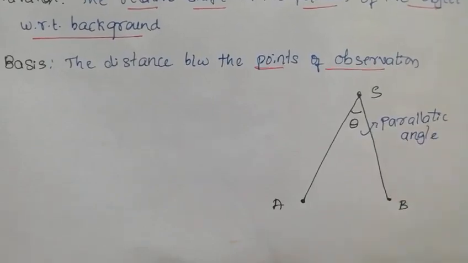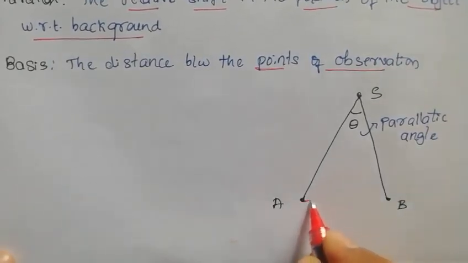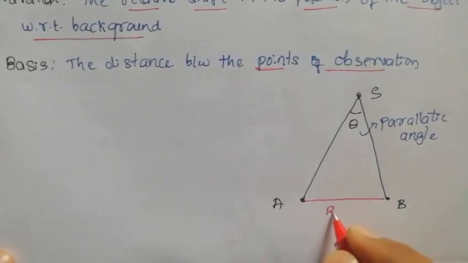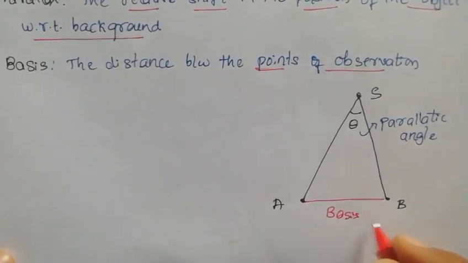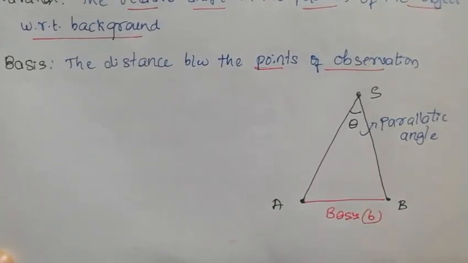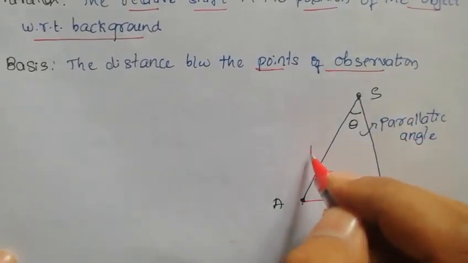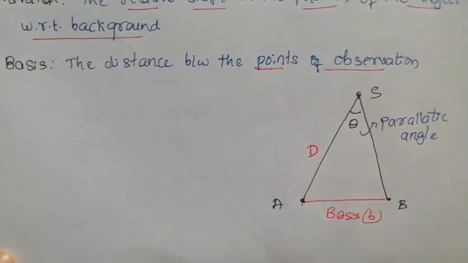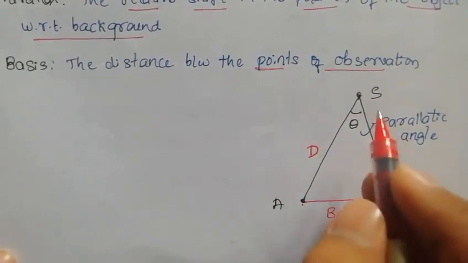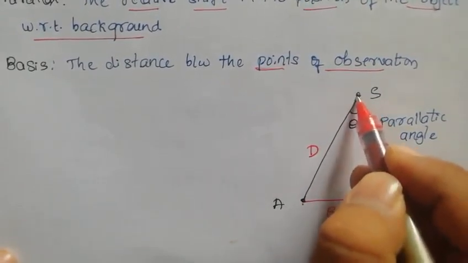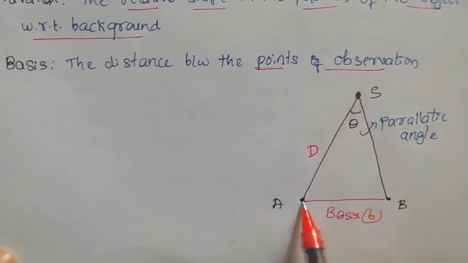The distance between these two points A and B is what we call the basis. We indicate it by b. And the distance from the point of observation to where we are looking we call D. Then imagine it is like the center of a circle and this is like an arc length.